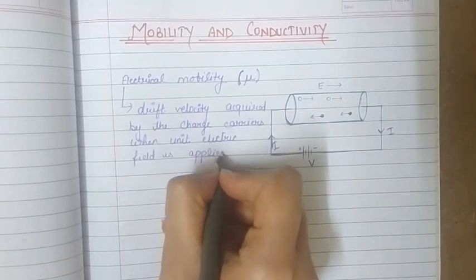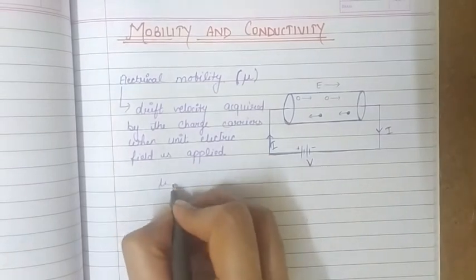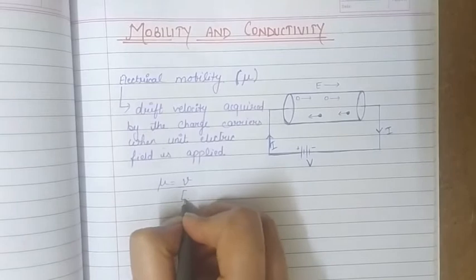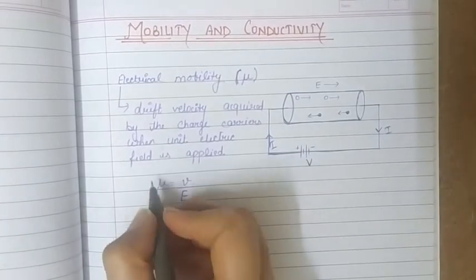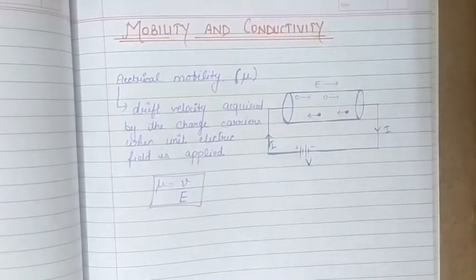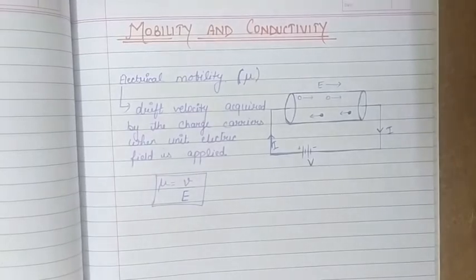So this is known as mobility, and mathematically we can give it as mu is equal to the velocity acquired by the charge carrier per unit applied electric field. This much drift velocity is called mobility of the charge carriers in that semiconductor.